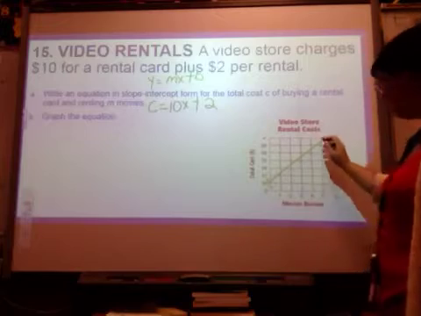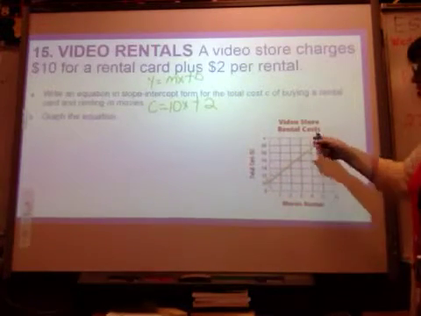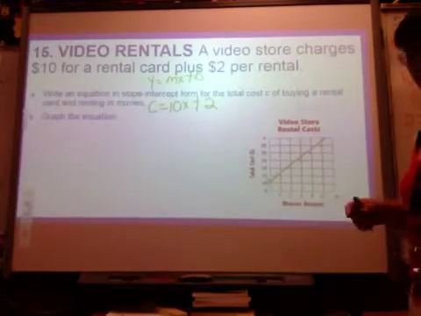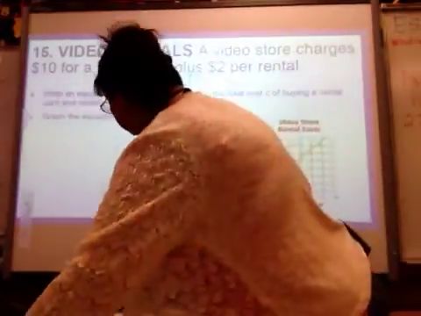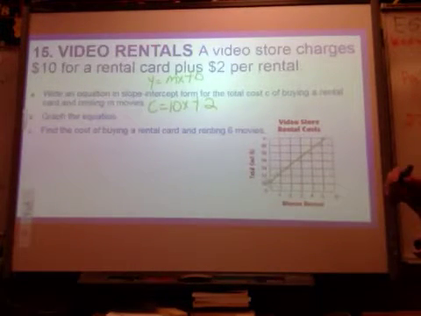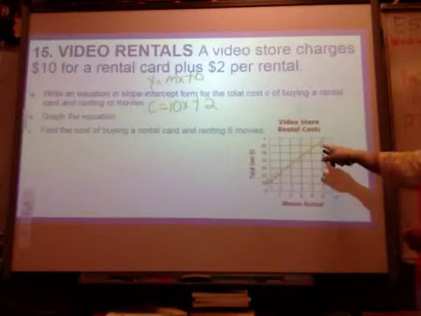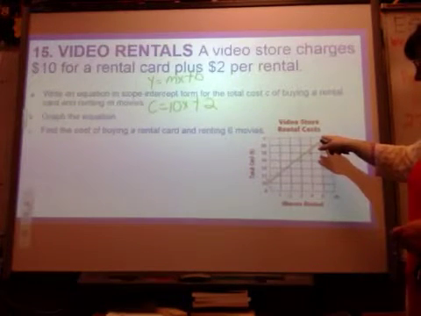And it should be right on that 10, on that line. Mine's not on the line. It's just this crazy thing right here. So I just graphed that. And then, the last part, it says, find the cost of buying 6 movies. So, it would be what? 22?